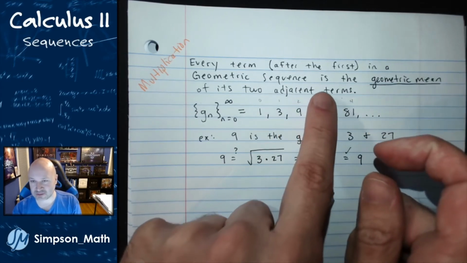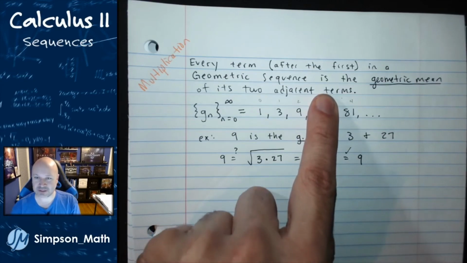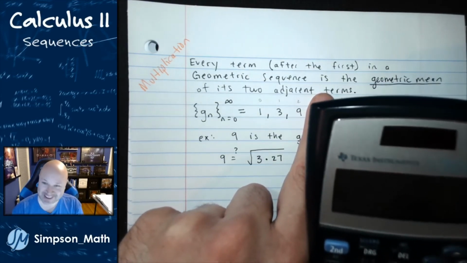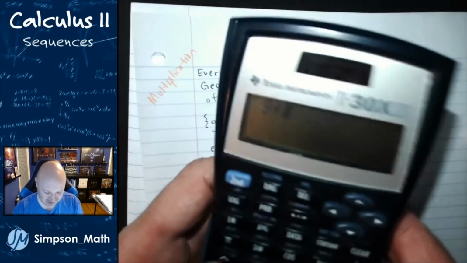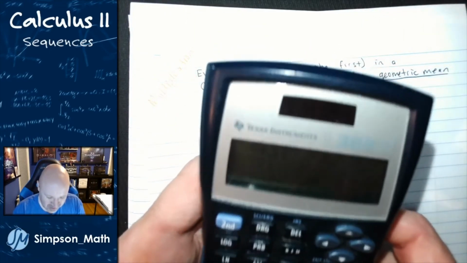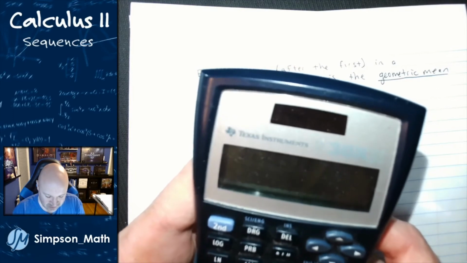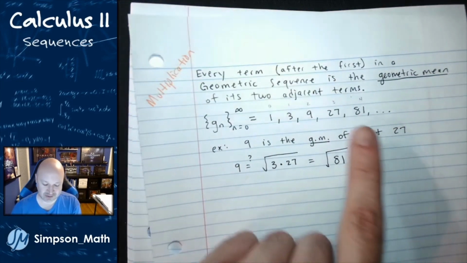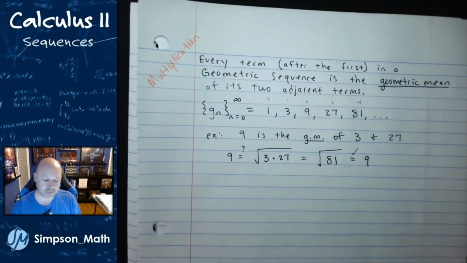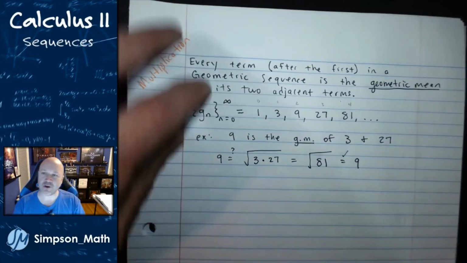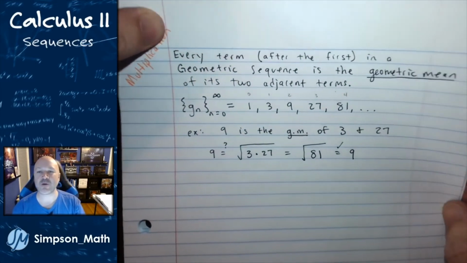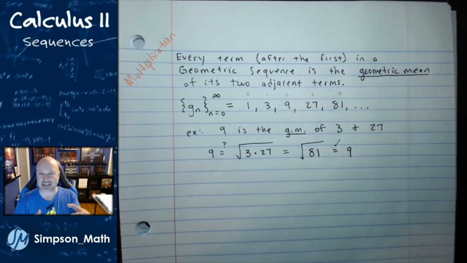I'm not a mathematician. 3 times 81 is 729. That does look familiar. The square root of 729 is 27. Good. I don't know if you need to know those terms necessarily to do the homework, but I just wanted you to see that it's always true for these geometric sequences.